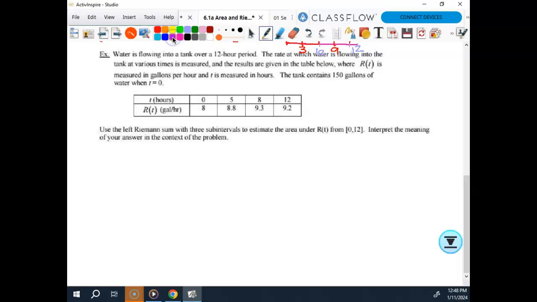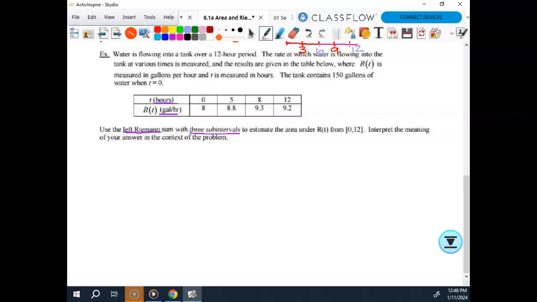Where R of T is measured in gallons per hour, and T is measured in hours. The tank contains 150 gallons of water when T equals 0. Okay, so it says use left Riemann sum with 3 subintervals to estimate the area under R of T from 0 to 12.